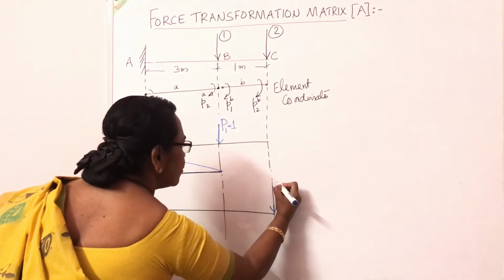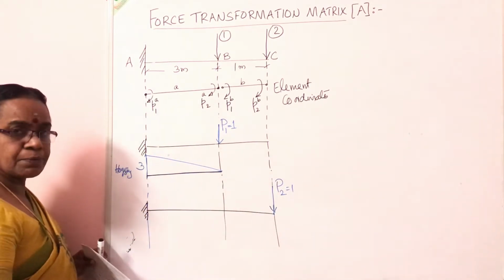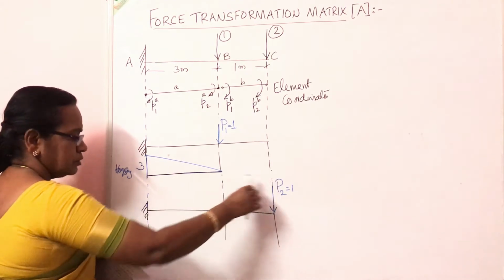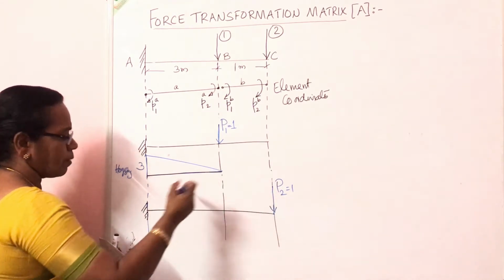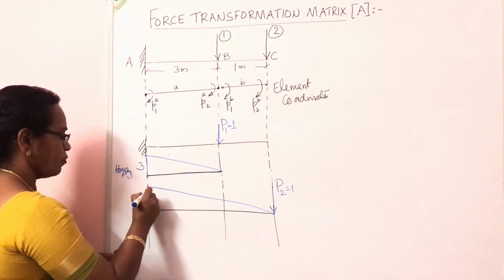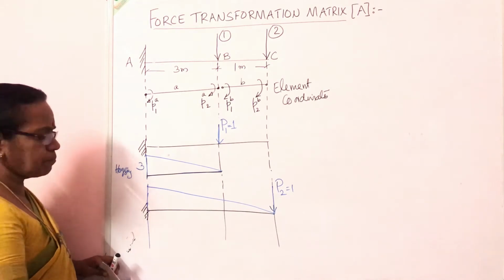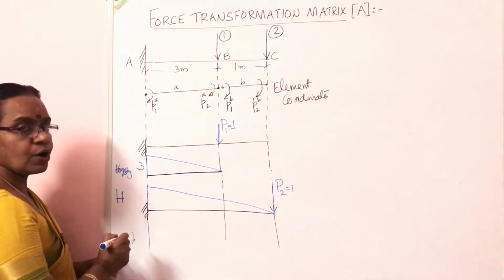Apply unit load, P2 equal to 1, and draw the bending moment diagram. This is the load. Take moment about this point, it goes up. I have drawn the diagram with the blue pen. This is the baseline with P2 equal to 1. It bends up, so this is also a hogging moment.